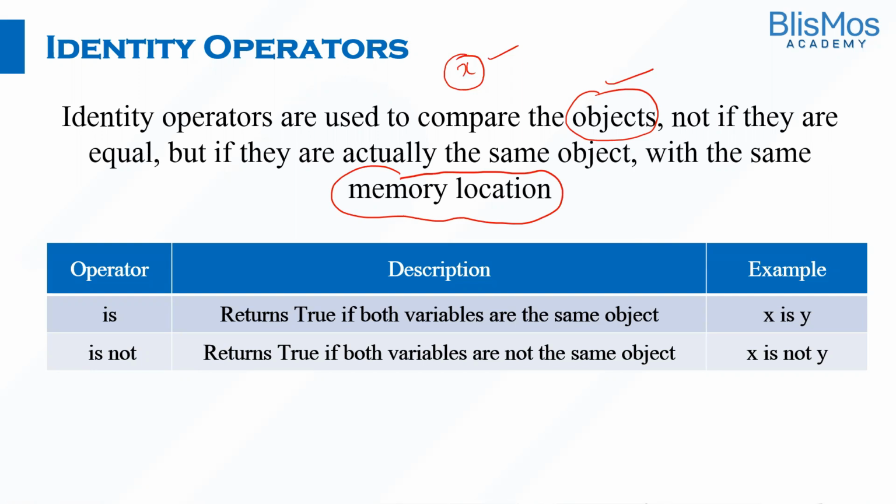Whenever there is a requirement to compare the objects based on memory location, you are in a way comparing the memory locations. That is when we use the identity operators: is and is not. These are the two identity operators available in Python. In the case of is, it returns true if both variables are the same object. In the case of is not, it returns true if both variables are not the same object.